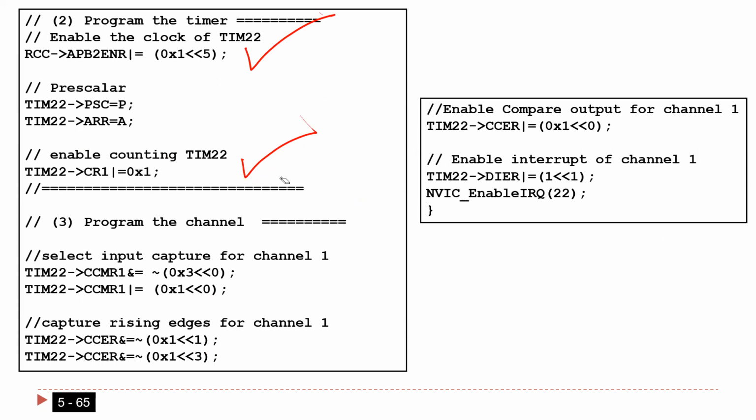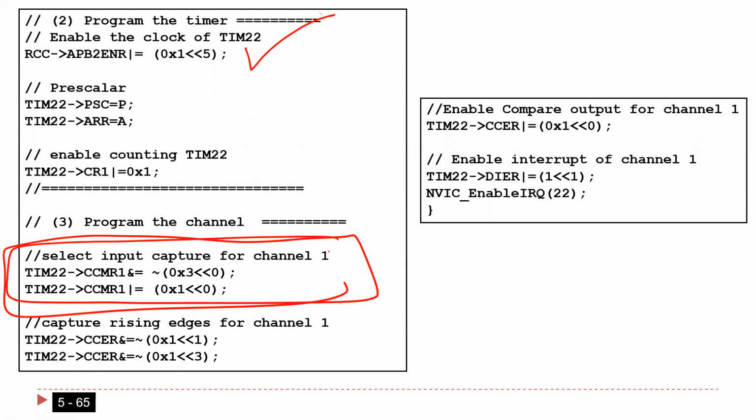Look here, guys. Here I have to select, and this one is going to be different from what we did before. What we did before in this register, we selected output compare. Here I'm going to select input capture.